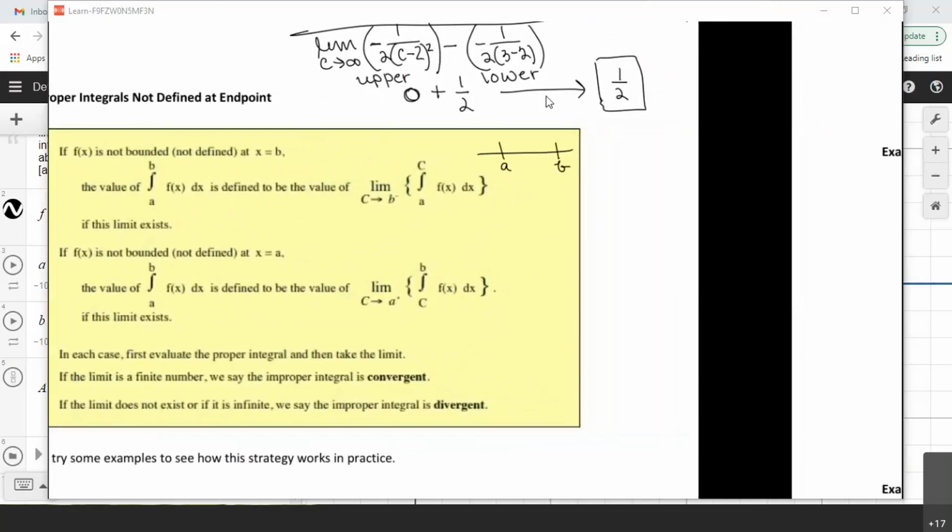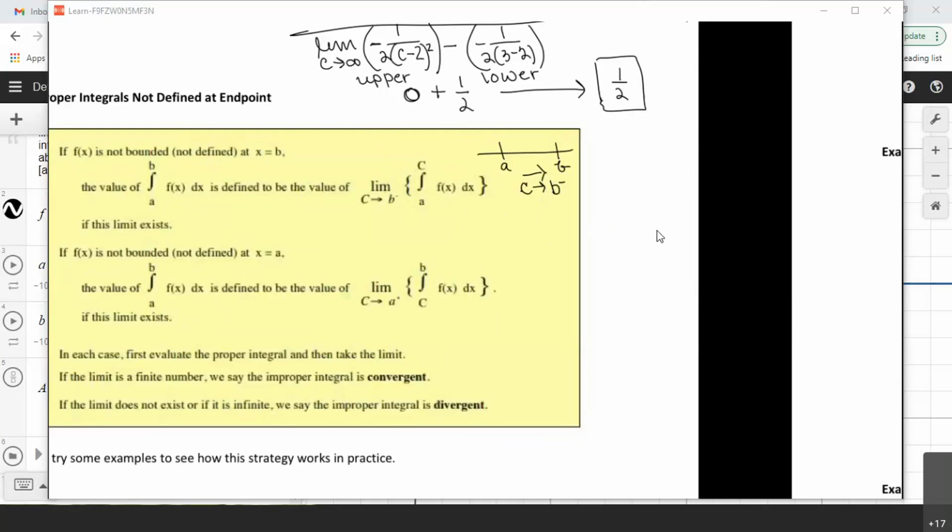If you're not defined at your upper bound B, you need to approach it from the left. So you have to let C approach B from the left. That's why I have a one-sided limit here. Same idea: I'm going to plug in C for the problematic endpoint. It's not infinity, it's some value B, and I'm approaching it from the left.